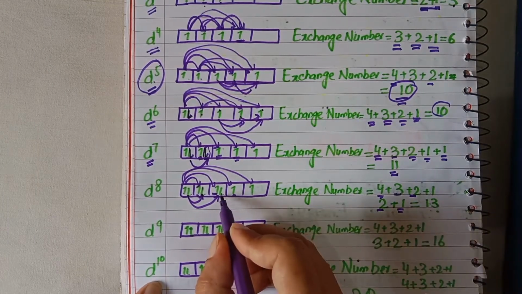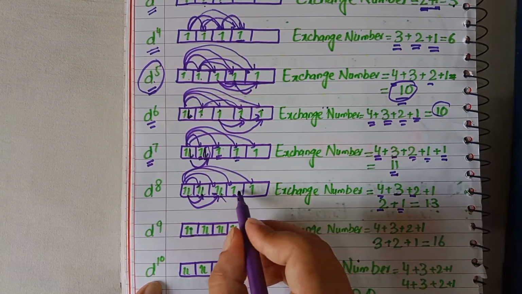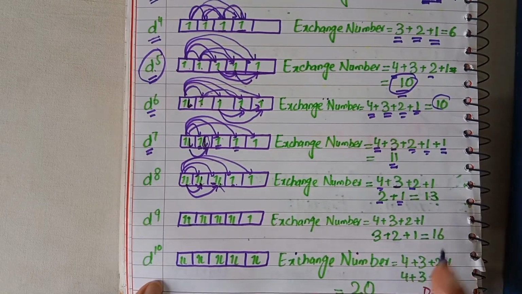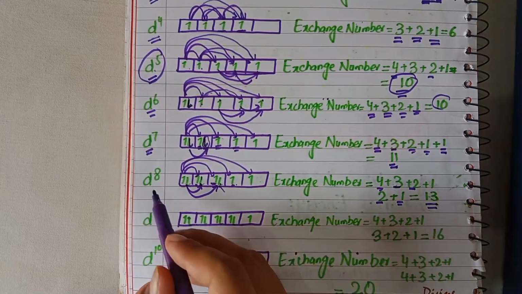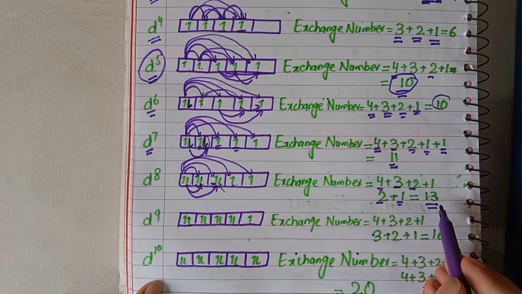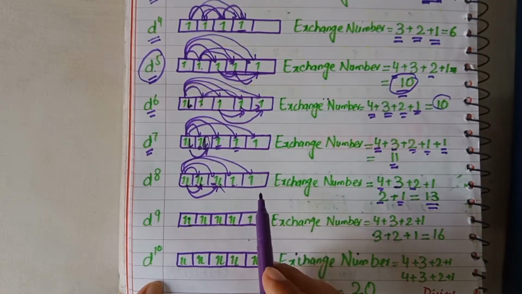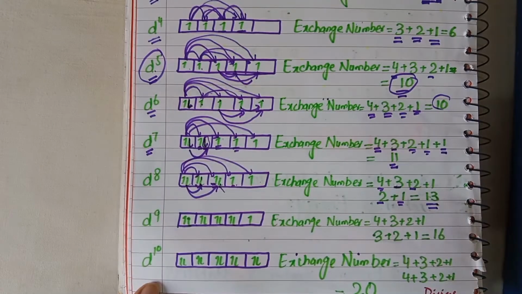And for this electron it is 0, as in these two degenerate orbitals no electron with opposite spin is present. Here again the same reason: although the d8 state exchange number is higher as compared to d5, due to unsymmetrical distribution it is an unstable state as compared to the d5 state.